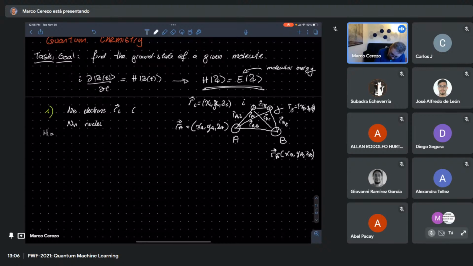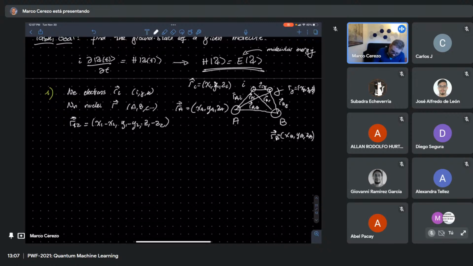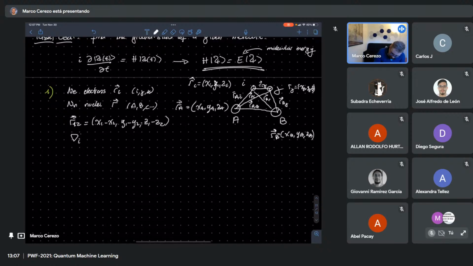I'm going to index those with I, J, K, and I'm going to index those with A, B, C. And as we said, their positions are relevant, but also the relative distance, where I can define R12 as x1 minus x2, y1 minus y2, z1 minus z2. And I'm also going to define here the Laplacian operator, which you all already know.